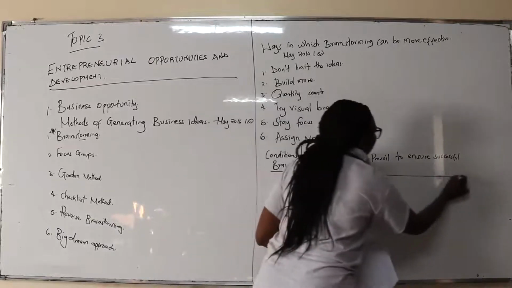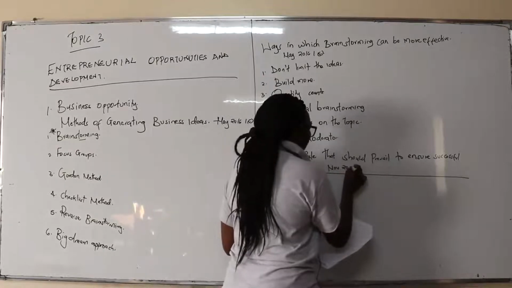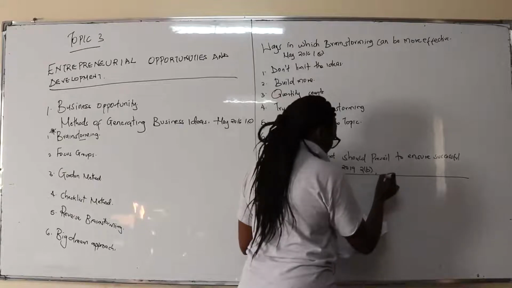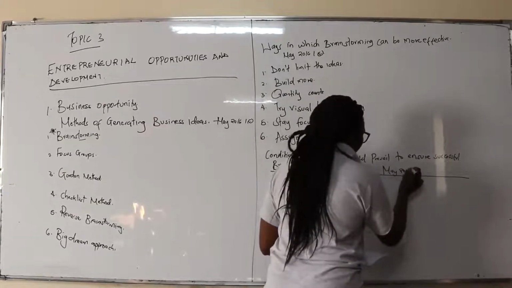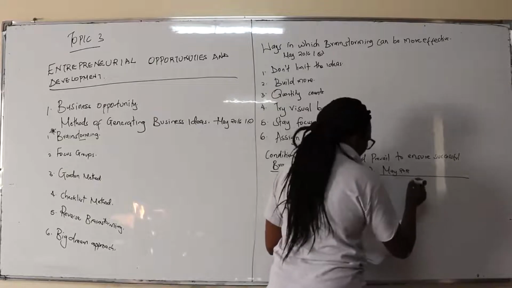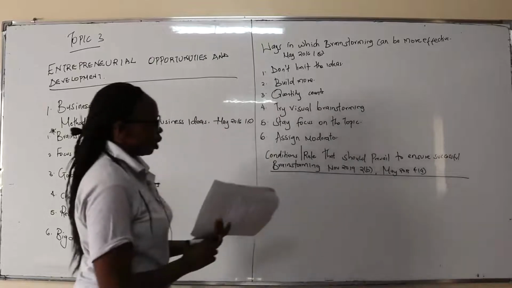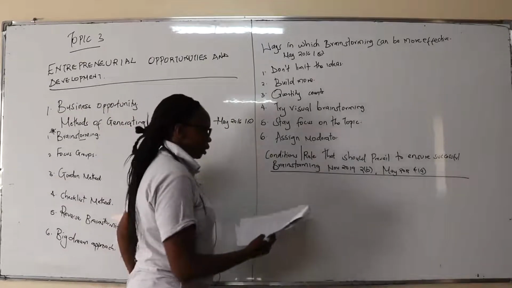This question was tested twice, in November 2019, question number 2B, and also in May 2018, question number 4A. These are the conditions. Sometimes you'll be asked to state the rules, which means the same thing. The answers are the same.